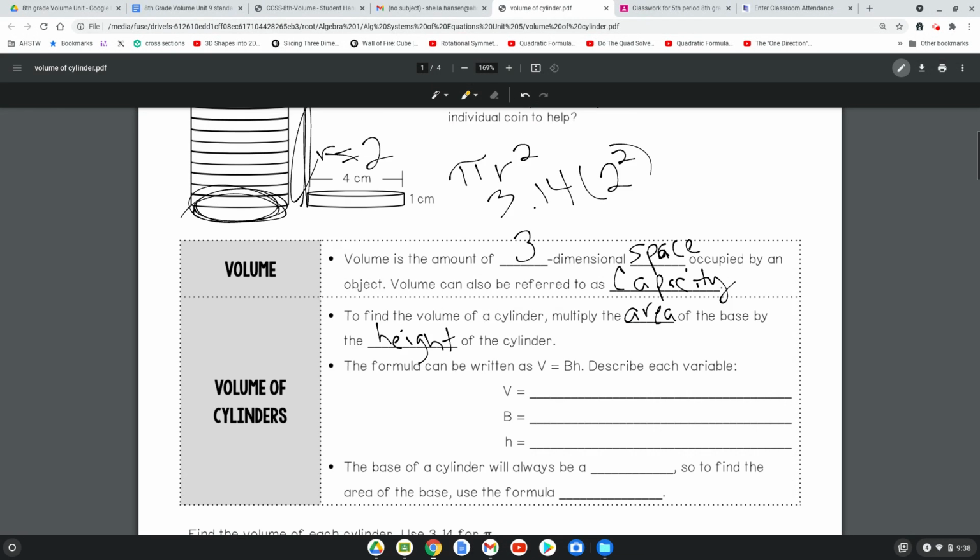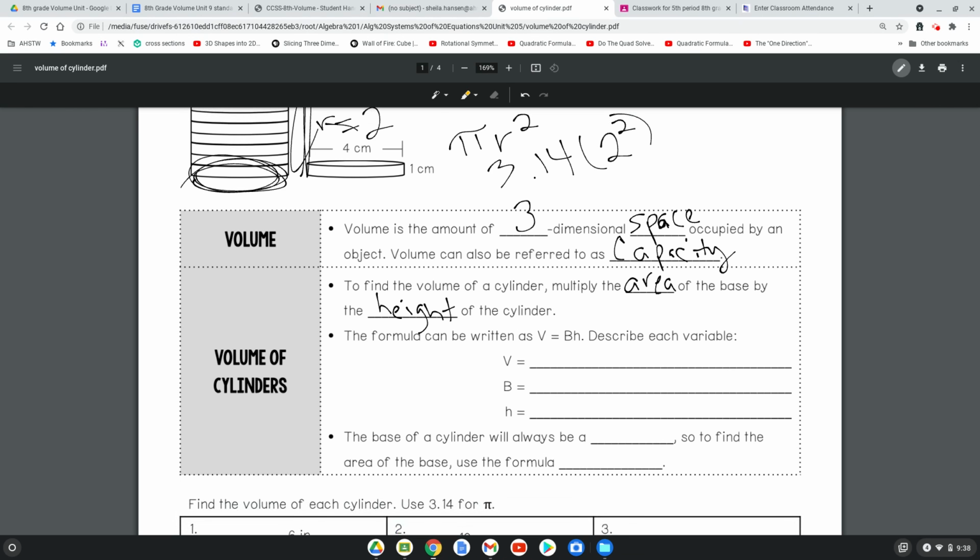So the formula can be written as volume equals base times height. So volume we're going to write as V, obviously. B stands for the area of the base.